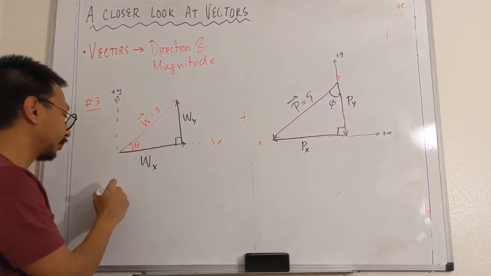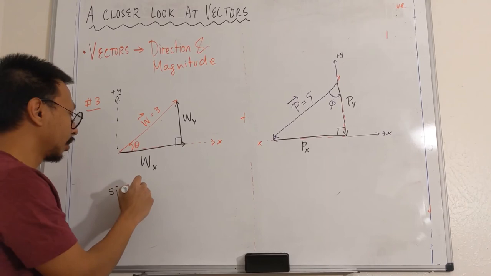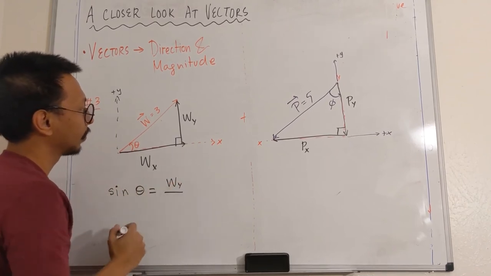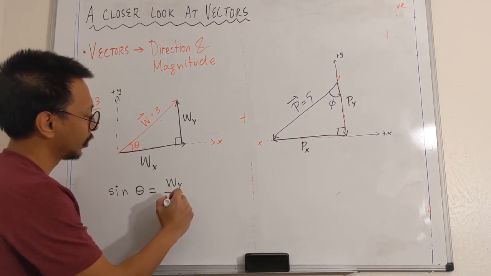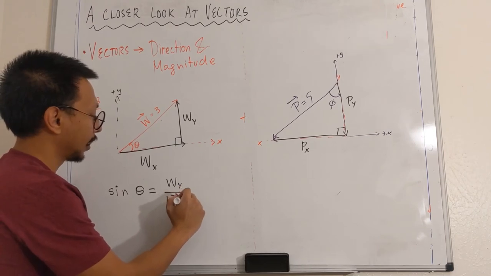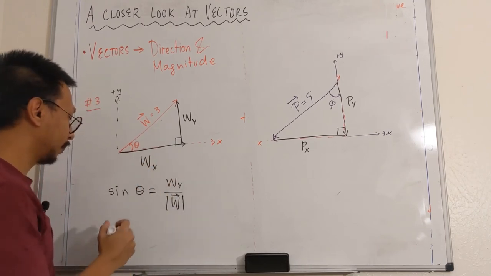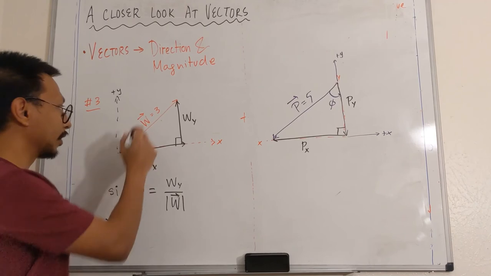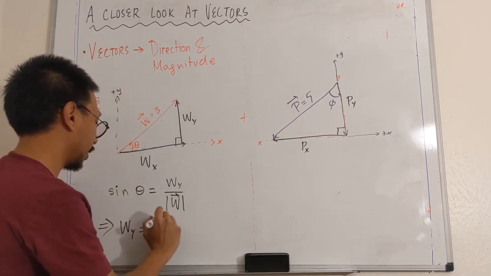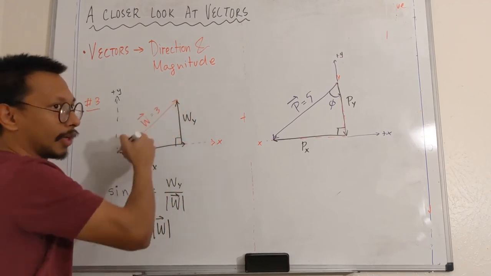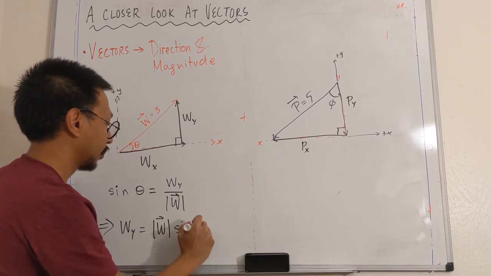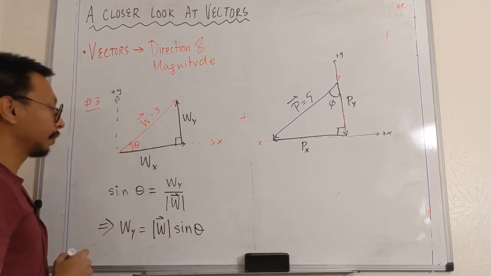So we have sine theta is equal to opposite, which is wy, over hypotenuse, which is, we'll only take the magnitude of w. So wy is nothing but the magnitude of w, which is the resultant vector, the length of the hypotenuse, times sine theta. Okay.